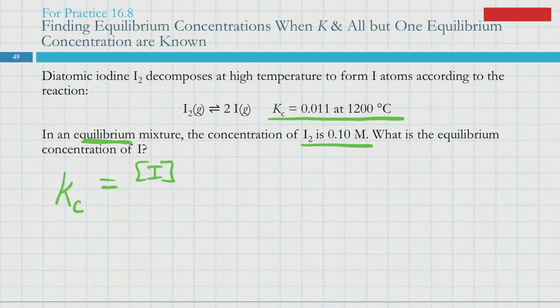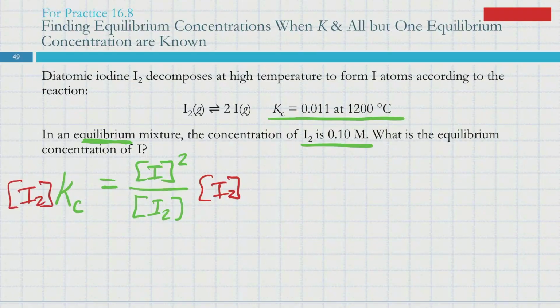Concentration of iodine squared over concentration of the other form of iodine. We'll solve for the concentration of monatomic iodine. You can, of course, put numbers in before you solve.